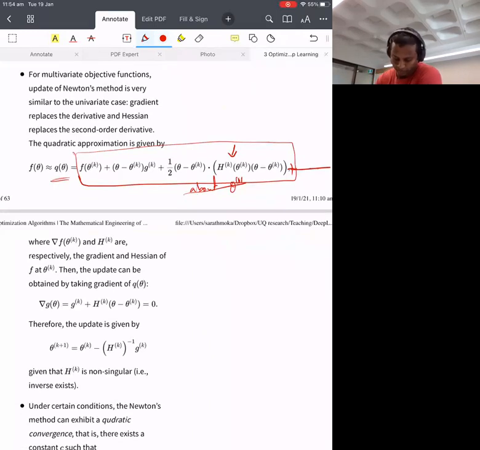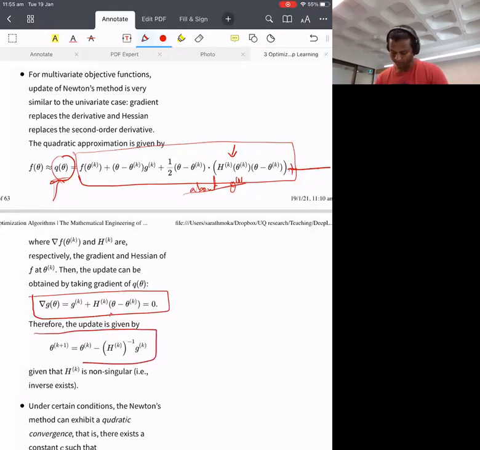Again, it's a quadratic function, q of theta, so it's again easy to find a minimum value. That's by computing the gradient of q of theta and equating it to 0. What we get is this one. Again, we have theta here. If you have the inverse of the Hessian, then this is the update, right? It's easy.